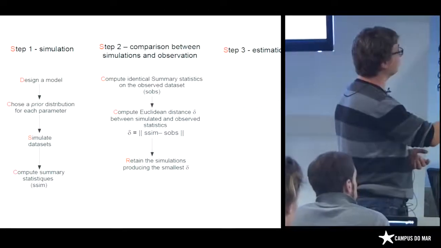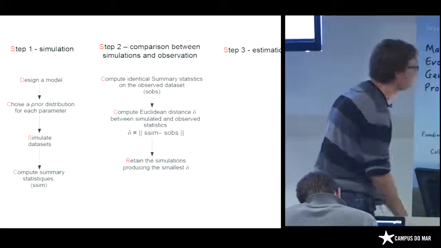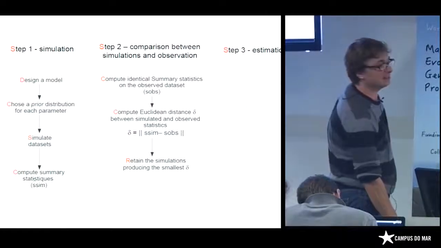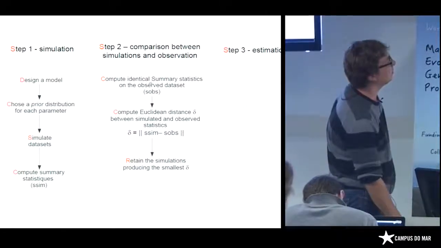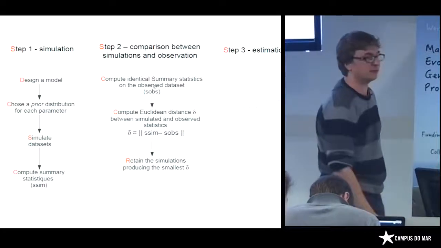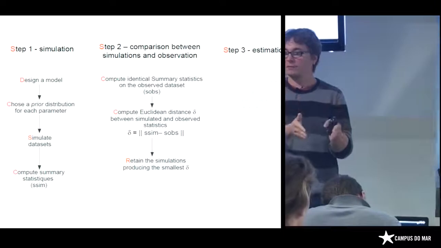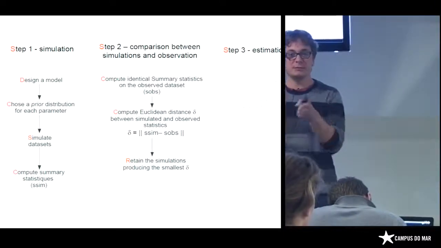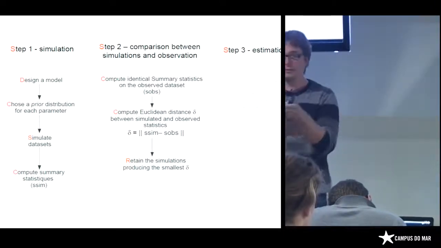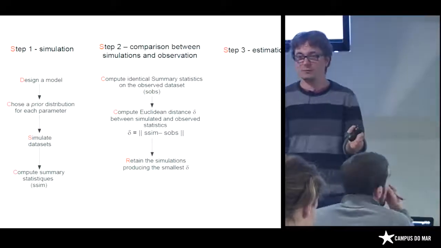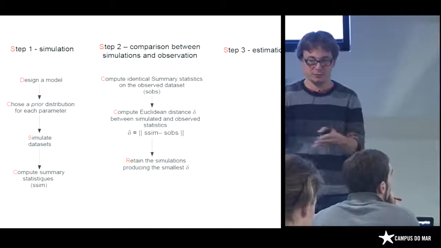So you compute the same summary statistics on your observed dataset. Basically it will be the number of shared polymorphisms, the number of fixed differences, the number of polymorphic in population 1 and monomorphic in population 2, and vice versa.